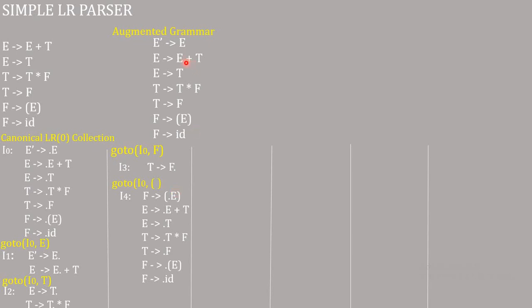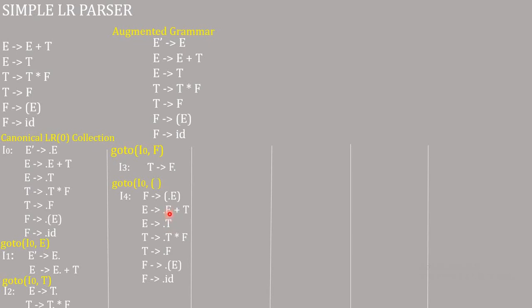What are the rules we have? E tends to E plus T and E tends to T. So include those two production rules, and in the left hand side we have to include the dot symbol. So E tends to dot E plus T and E tends to dot T. Right? Now again we have to check for closure operation.